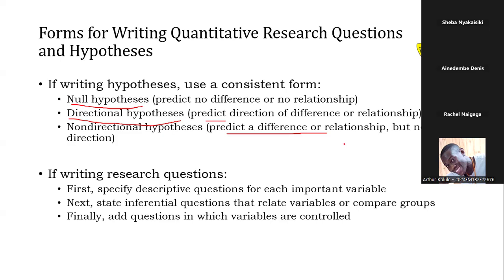So a researcher can say, let me develop a hypothesis based on this to test this further. So that one, Rachel, is not based on literature review, but on data that actually exists. Whatever the case, there must be a basis from which you're formulating the hypothesis. It can't simply be Rachel's imagination or Sheba's imagination. Do you get what I'm pointing out? Yes, I got it. Okay, thank you.